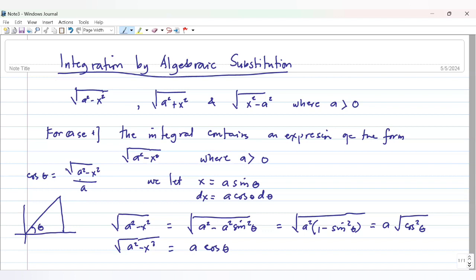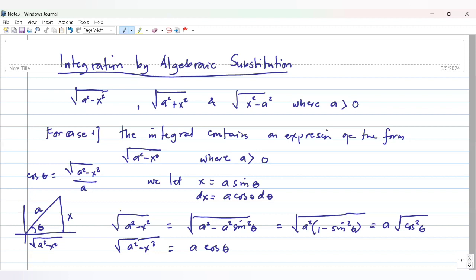Cosine is adjacent over hypotenuse, so this is our hypotenuse and our adjacent is the square root of a squared minus x squared, right? And of course, this is our x. Such that x is equal to a sine theta, or that is, our sine theta is opposite over hypotenuse.